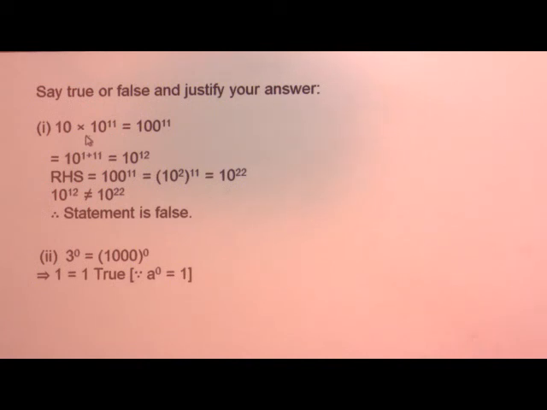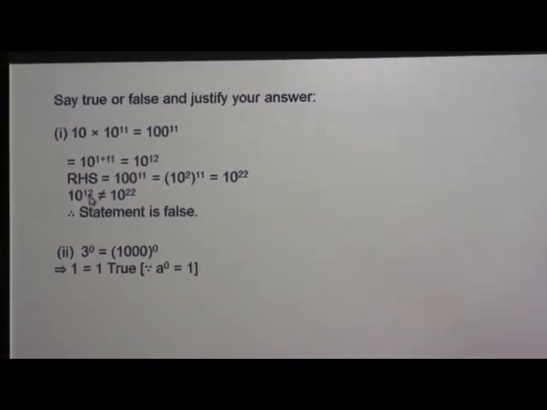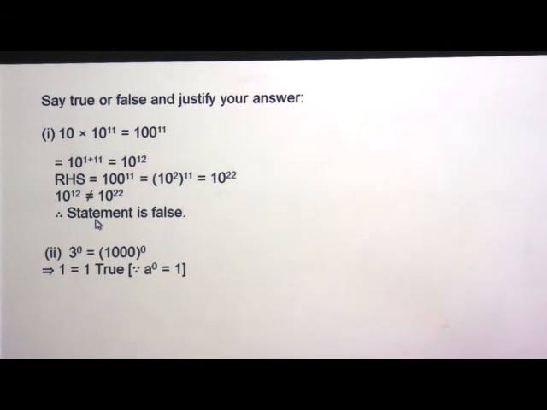In LHS, what we got is 10 to the power of 12, and in RHS, which we tried to find out in the form of a base 10, we got a power of 22. So, we can say that 10 raised to the power of 12 is not equal to 10 raised to the power of 22. Therefore, the statement is false. We tried to justify by finding the simplest form of LHS and RHS.